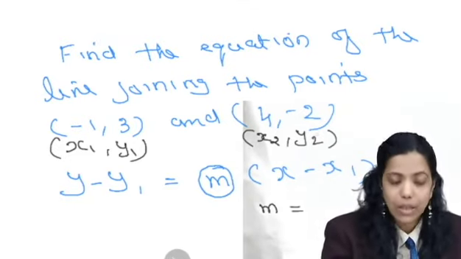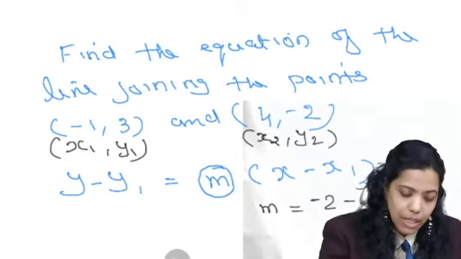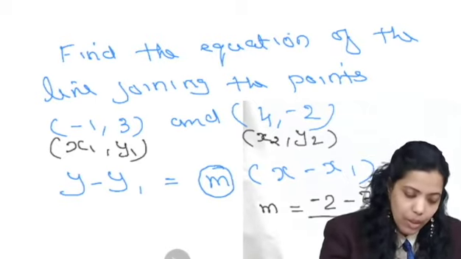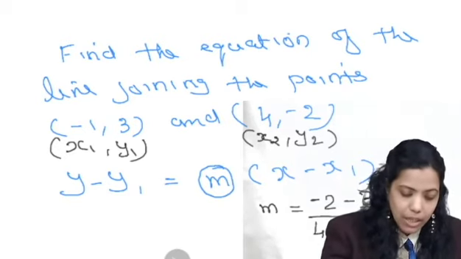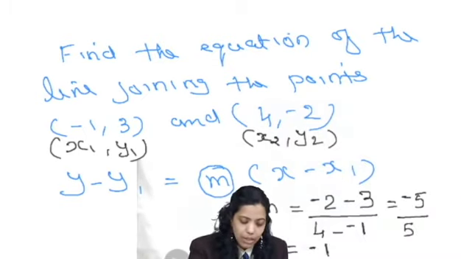So here we get the slope of the line as the difference between the ordinates, that means y2 minus y1, so here it comes negative 2 minus 3 upon x2 minus x1, that means 4 minus minus 1. So we get negative 5 divided by 4 plus 1, 5. So the slope of the line here we got as negative 1.